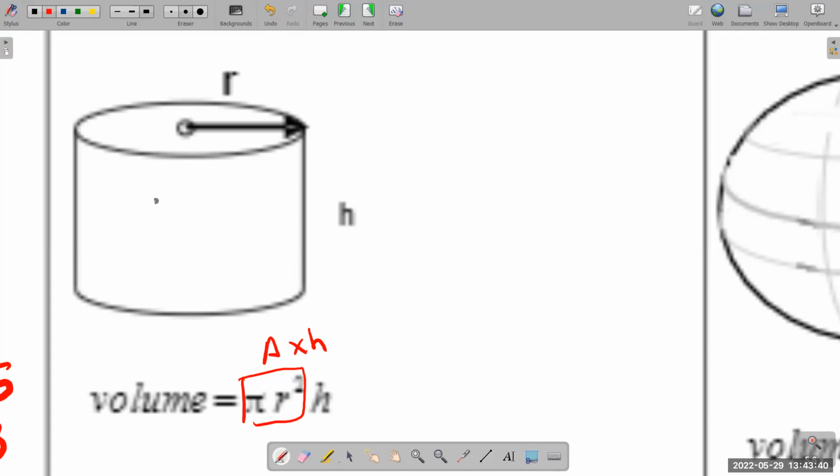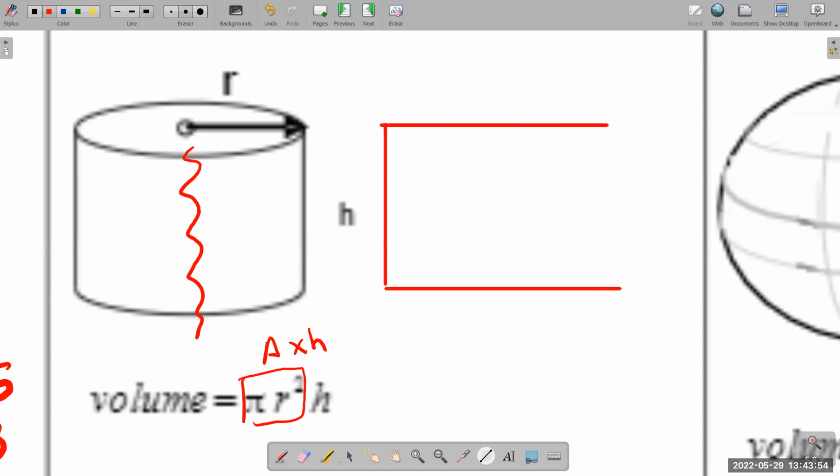Okay, the roll. If you ever cut that roll and open it up, anybody realize that the shape is a rectangle? Take a white piece of paper and roll it into a cylinder. You'd realize that's the shape of a cylinder.